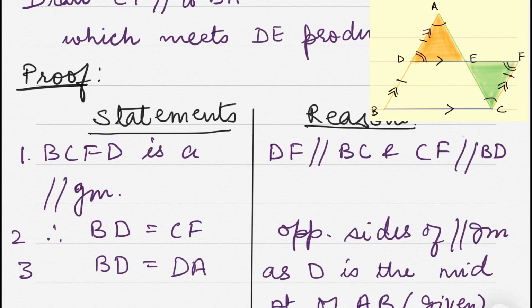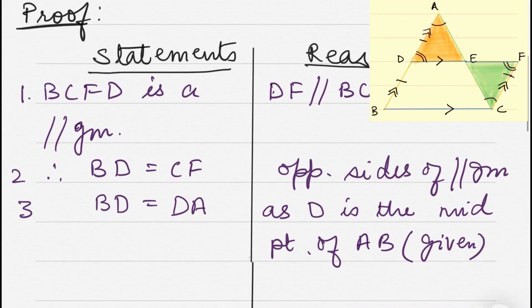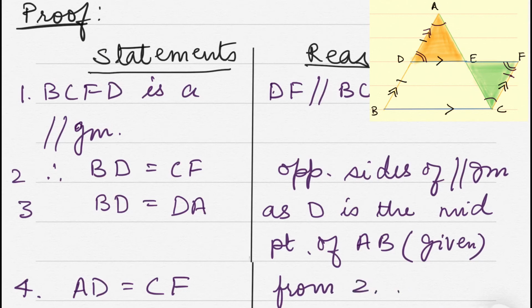So D is midpoint, so BD is equal to DA. So now I can compare that from my second and third point. I have AD or DA is equal to CF. So this we can say from point 2 and point 3, right? So this is equal to this because both are equal to BD. Correct? So this is fine till here.